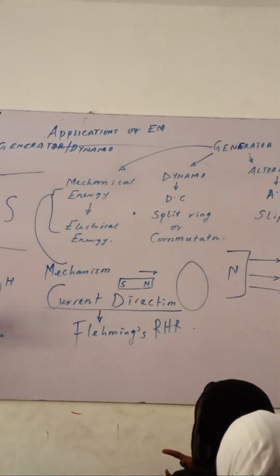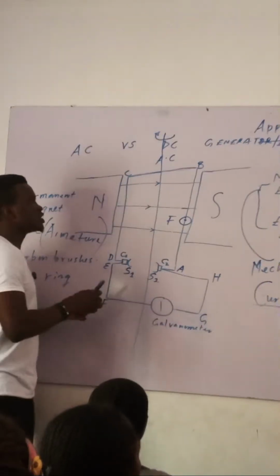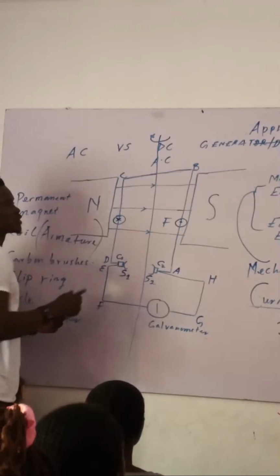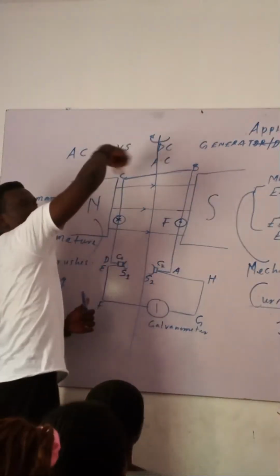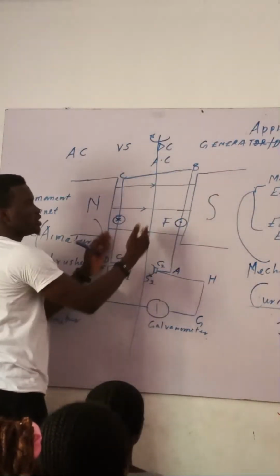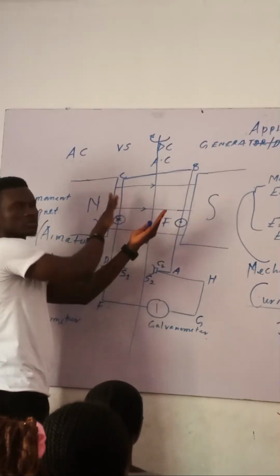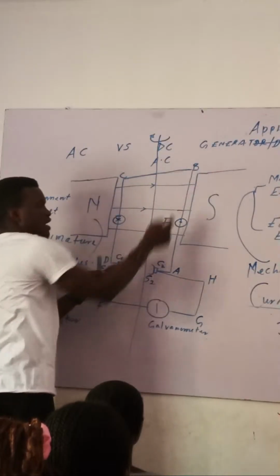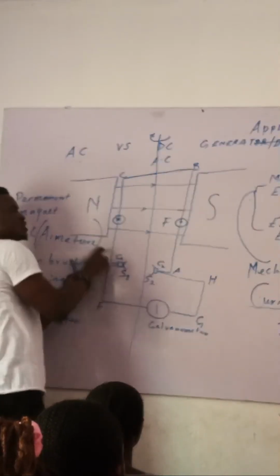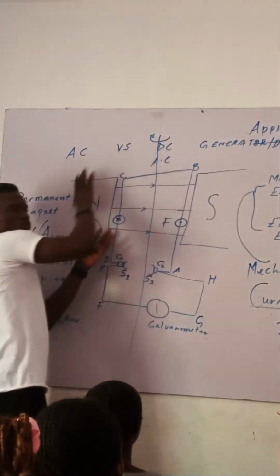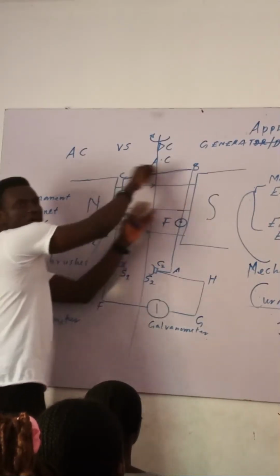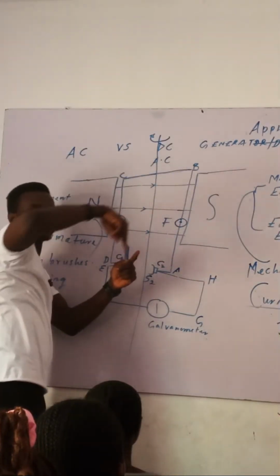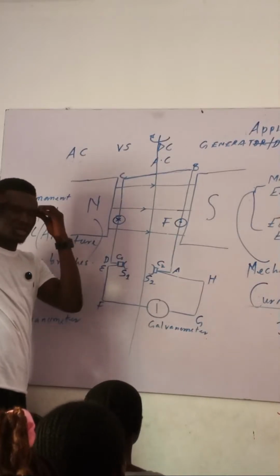The dot means it's coming outside. Cross means what? So the way I'm rotating this is that this coil is going this way. Then it will be flipping, rotating. So B and A will come here, C and D will also go there. B and A will come, C and D will come again, B and A will go, then it will be rotating. Do you get the imagination?